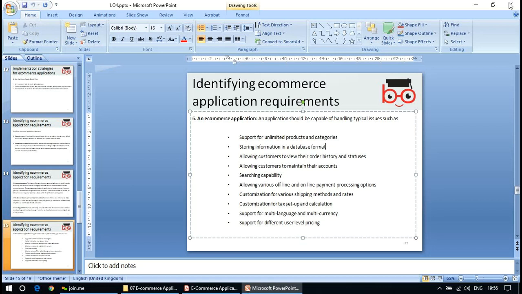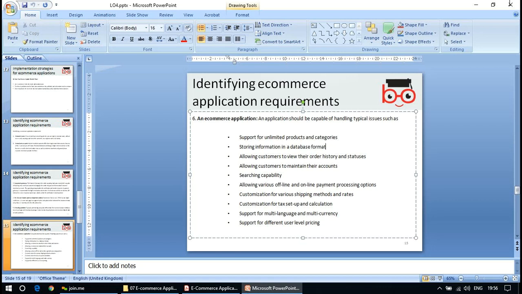Like, you can create a text file and save that data, but let it be stored into a database, for example, MySQL and PHP MySQL. Okay. Then allow customers to view their orders history and status. Make sense? Yeah.